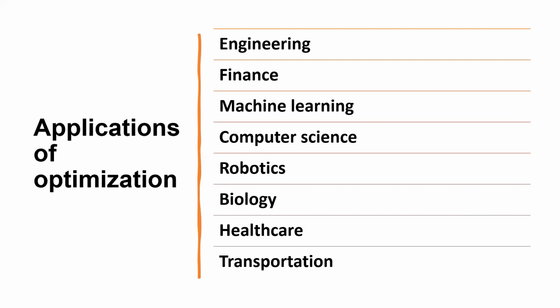And the healthcare industry is nowhere behind in adopting technologies. So healthcare industry used to design and improve medical treatments, such as maybe drug design and radiation therapies and so on. And finally, transportation.